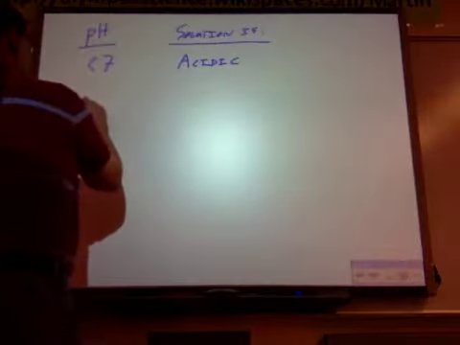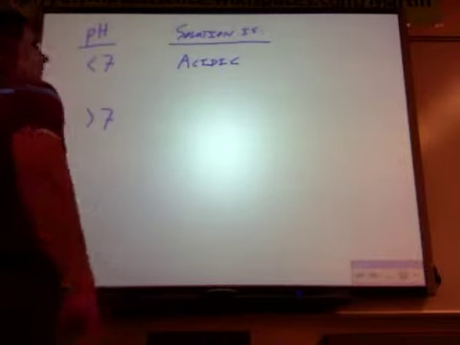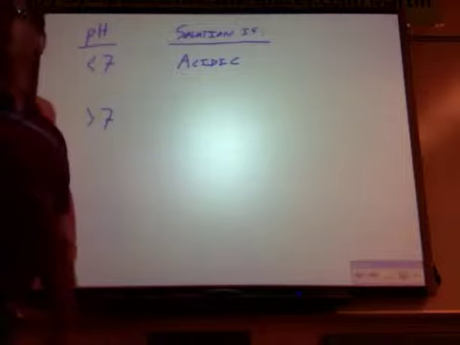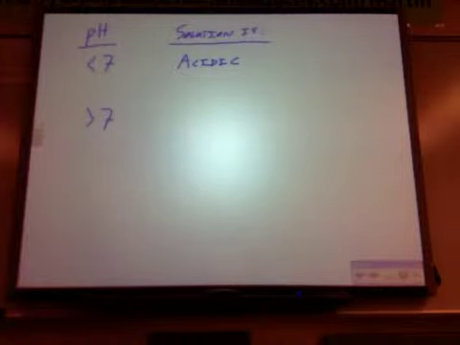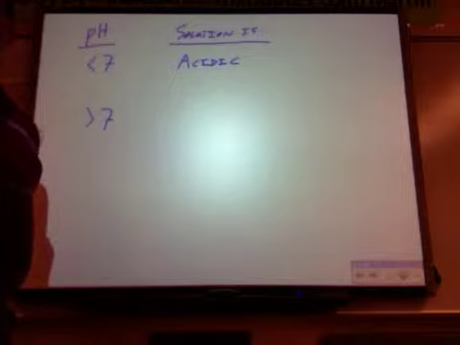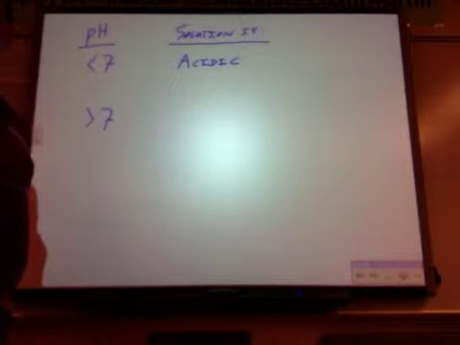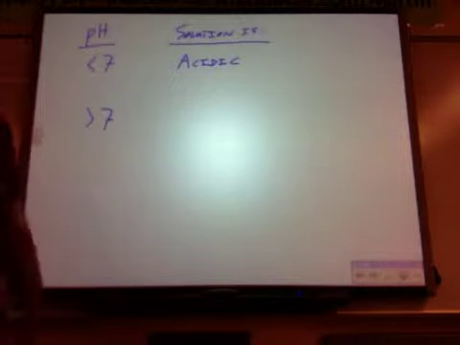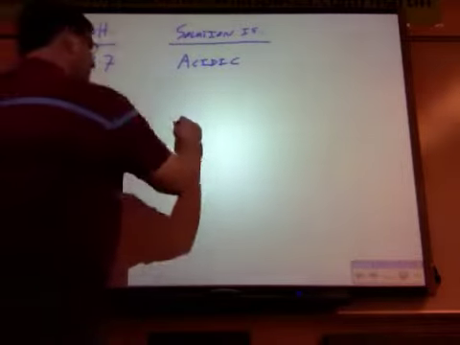If the pH is greater than 7, then the concentration of hydrogen ion is very low. The concentration of hydroxide ion is going to have to be higher. So this solution would be basic.